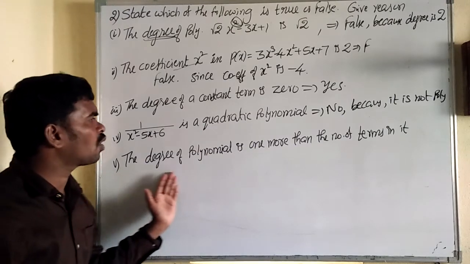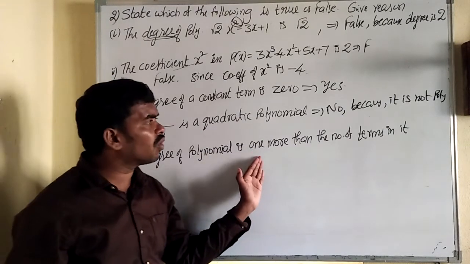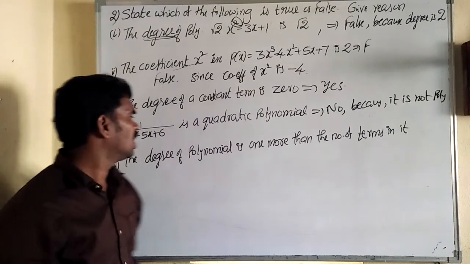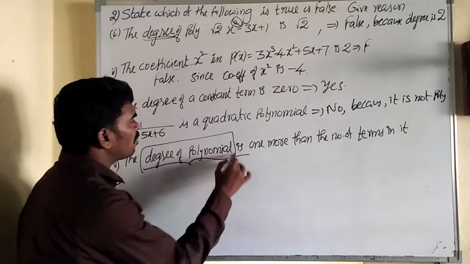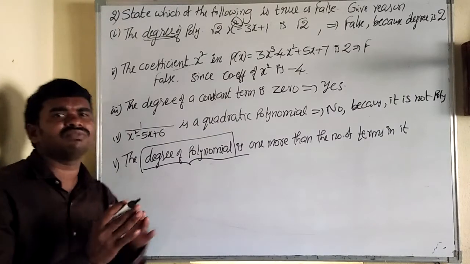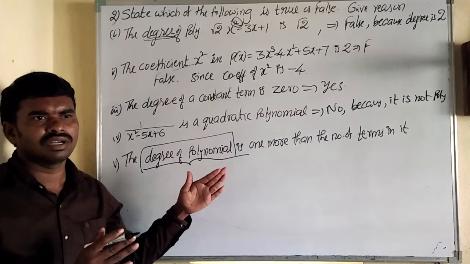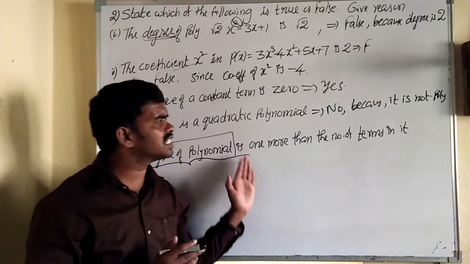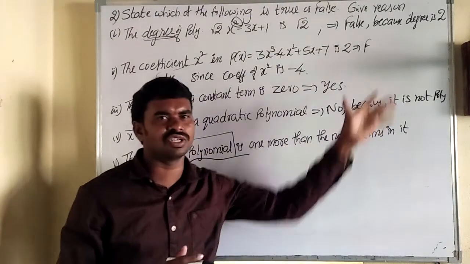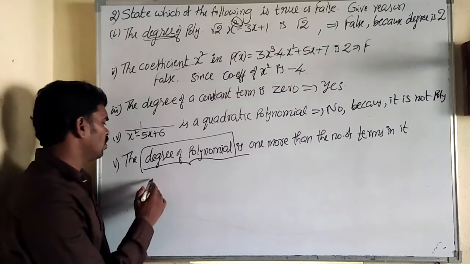Next, the degree of a polynomial is 1 more than the number of terms in it. Actually, what is the degree of a polynomial? The degree of a polynomial is nothing but the highest power of the variable. The highest power. But what is it saying? It is 1 more than so and so. Is it true?